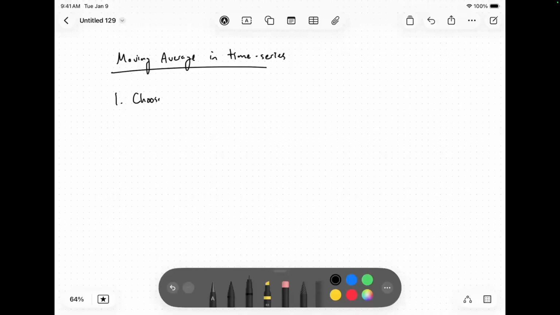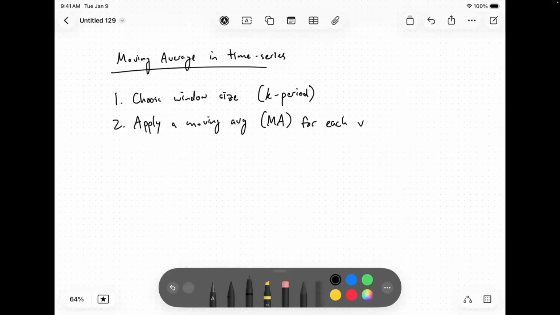So we choose a window size, a k period. And then we apply a moving average, also known as MA, for each variable. That'll look something like this.